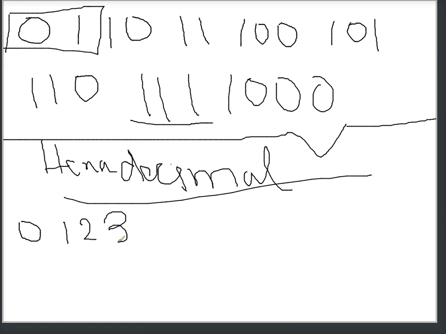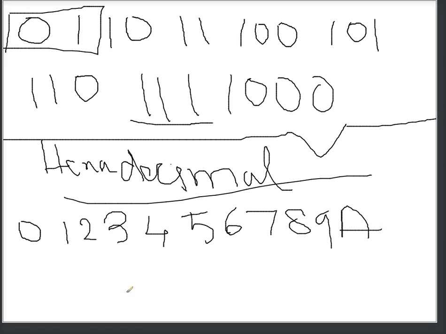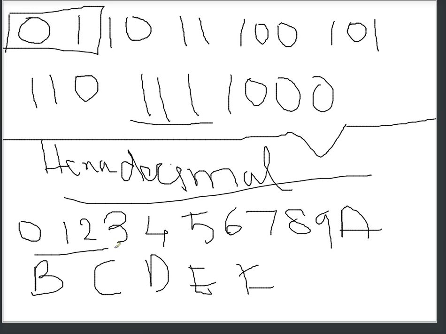Let's see. 1, 2, 3, 4, 5, 6, 7, 8, 9, up till 9. It's obvious, isn't it? And after 9 we start using A, B, C, D, E and F. That's the 16 symbols we want to count. Up till 9 we have 10, then we have 6 up to F.